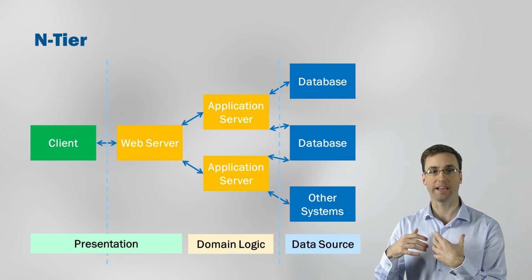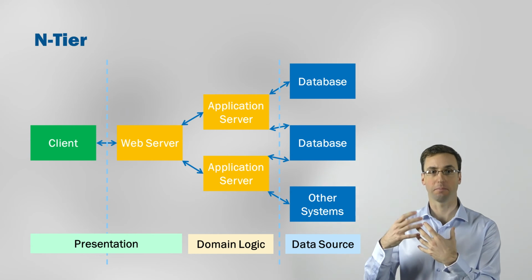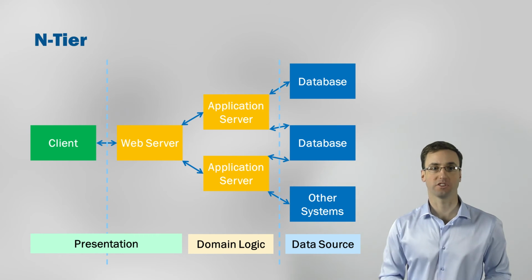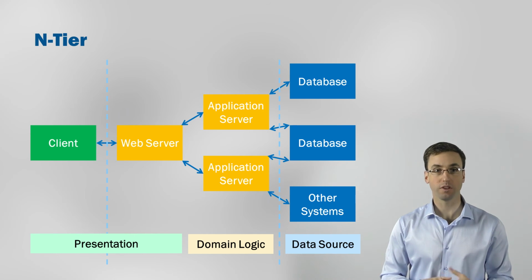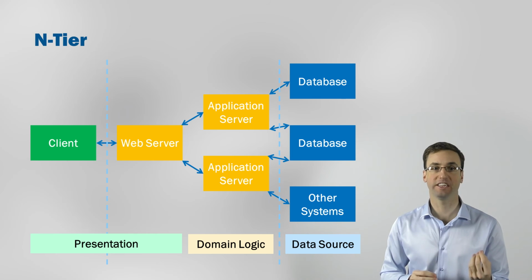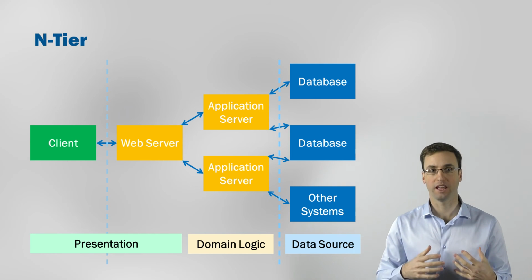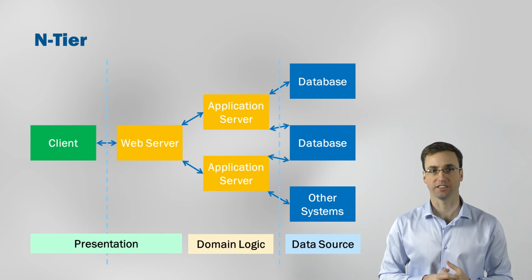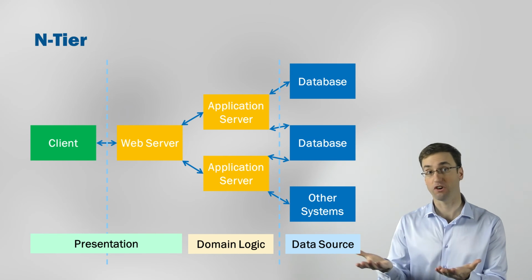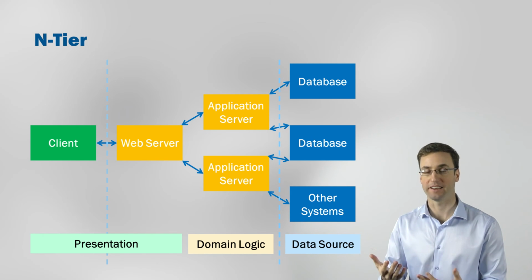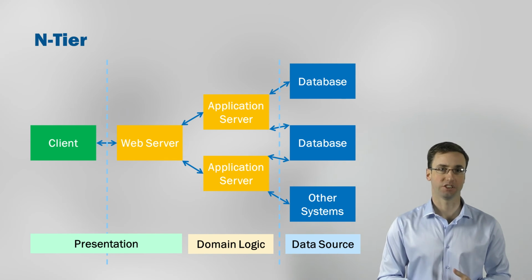The web server might make use of application servers to handle the domain or business logic of the application, which can in turn make use of multiple data sources. We can keep going, and the advantage of an N-tiered architecture is that we're able to build powerful, scalable, and reusable distributed applications. However, the downsides are obvious. The more complex the architecture, the more difficult it is to build, maintain, monitor, and manage.